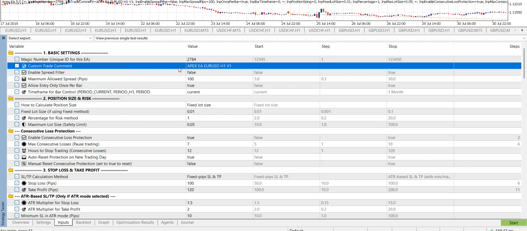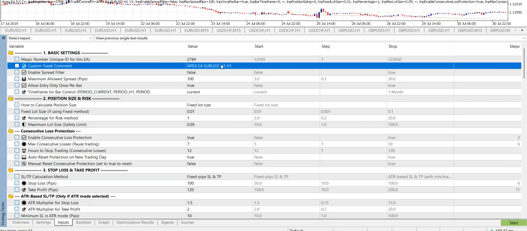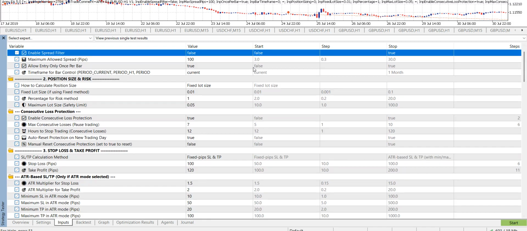So the second is the custom trade comment, and I tried to also make the set files understandable, with the versions and the time frames and the specific currency, which is very important, so you can track which version of the set files did which trade exactly. It's very important, you know.